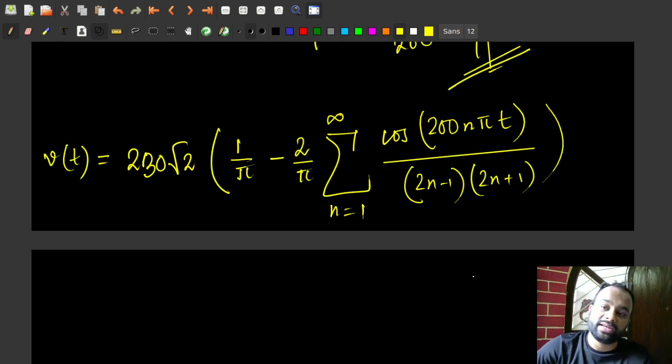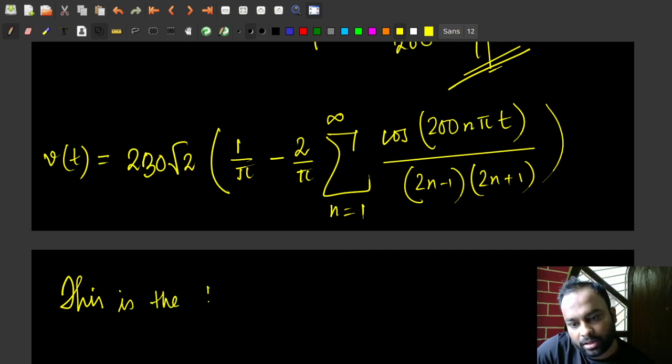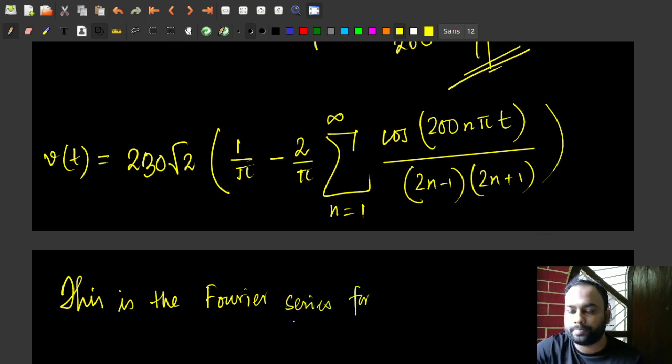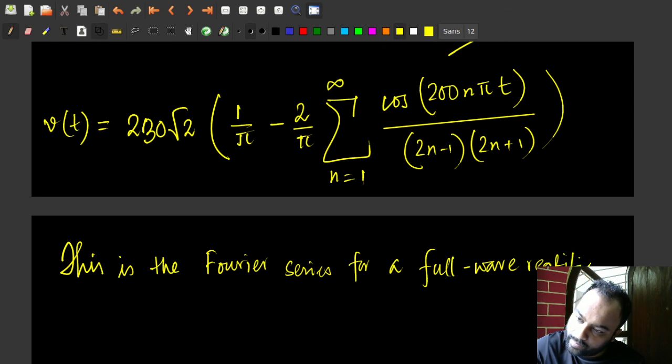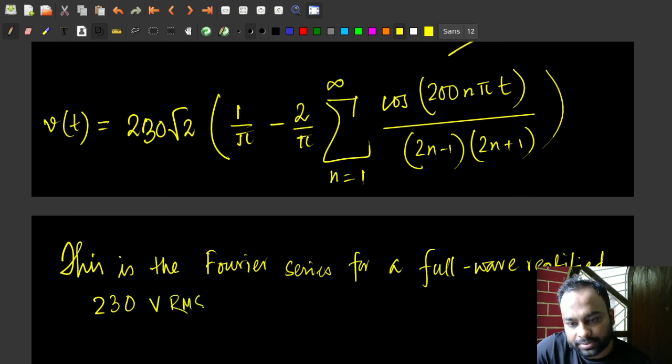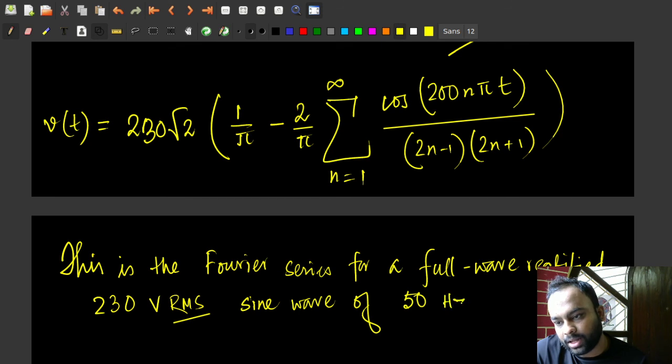So that's the Fourier series expression for a full wave rectified 230 volt RMS sine wave of 50 Hertz.